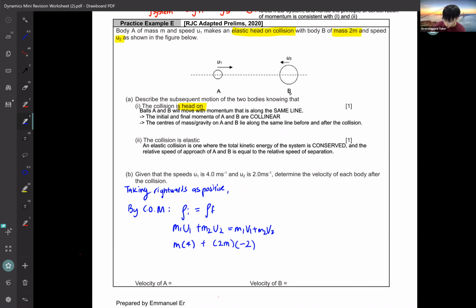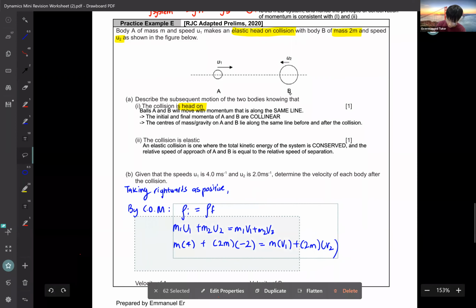Okay, and then this will be equal to M1 V1, which is MV1, plus M2 V2. Okay, so M2 is 2M V2. And this is all conservation of momentum so far. So let me drag this to the left, so I don't run out of space later.